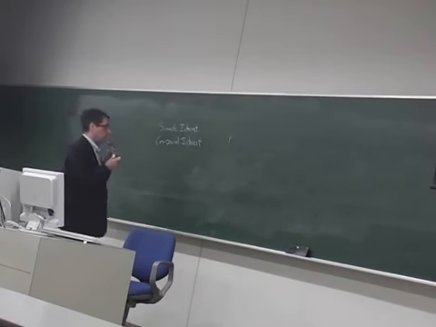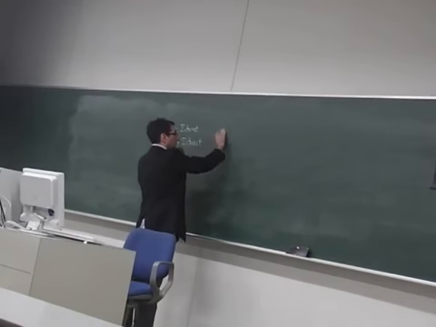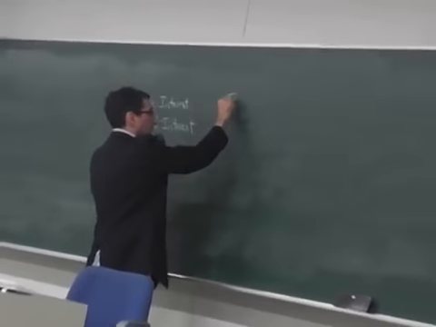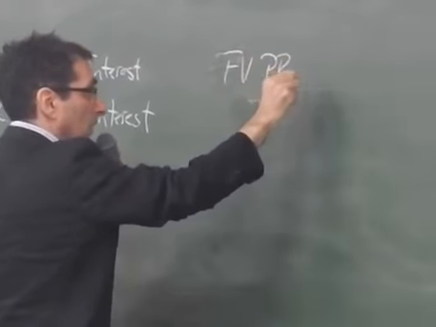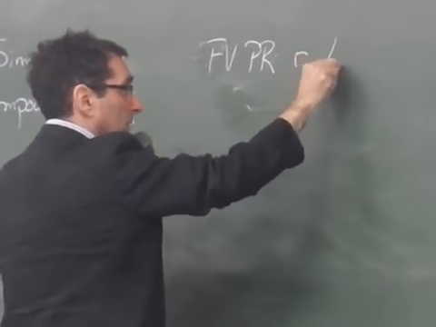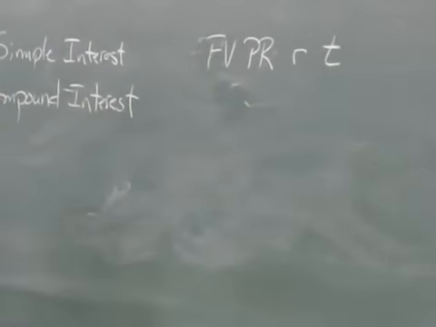Now, what was the formula for simple interest? We want to write it in terms of future value, present value, R, T. So, first of all, what do these symbols stand for again?